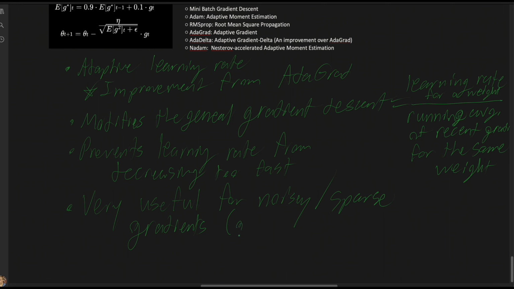So we get a good speed of learning rates for higher accuracy.